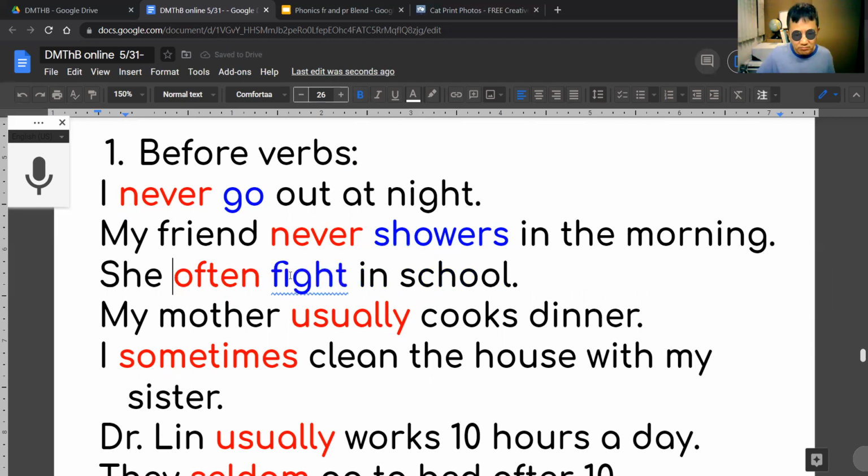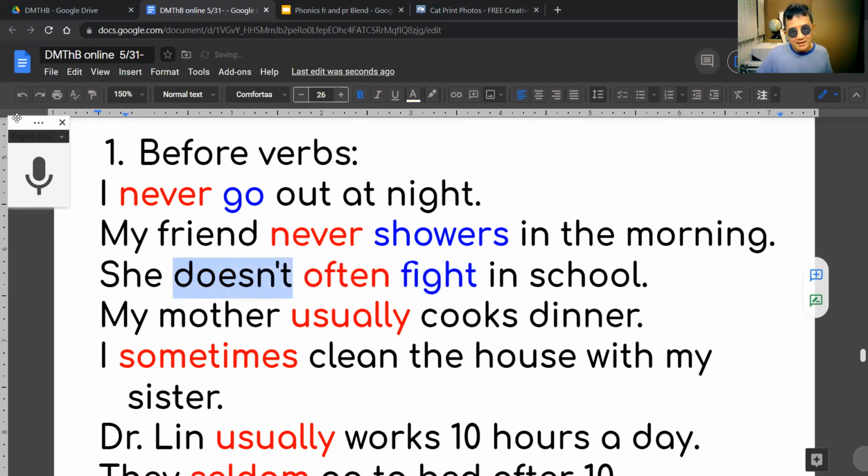It's still correct. We just have to put the S back. Or we can negate the sentence and it's still correct, because often is still before the word fight. You see? Before fight. Okay? Let's continue.